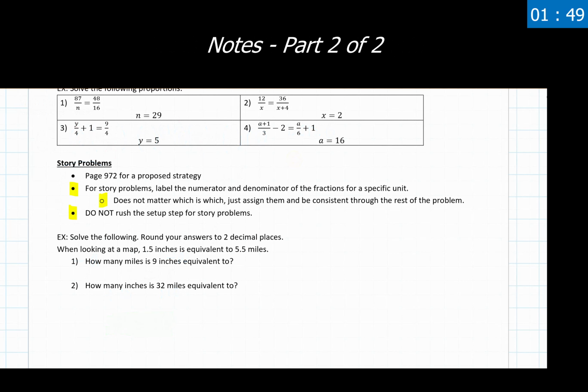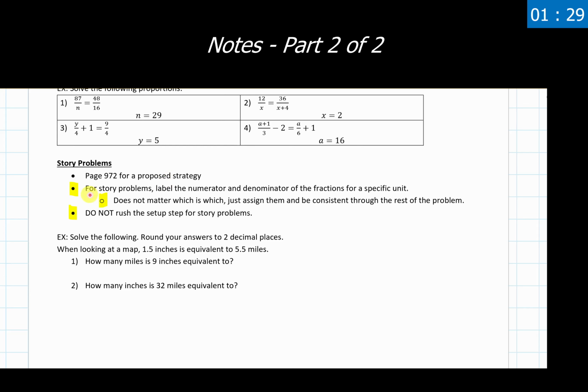The last part with proportions that we want to discuss is story problems, how we set these things up and how we go through and solve them for ourselves. So if you're looking at the textbook, page 972 has a proposed strategy that we're going to go through, but I'm going to show you 2 ways that you can organize this for yourself.